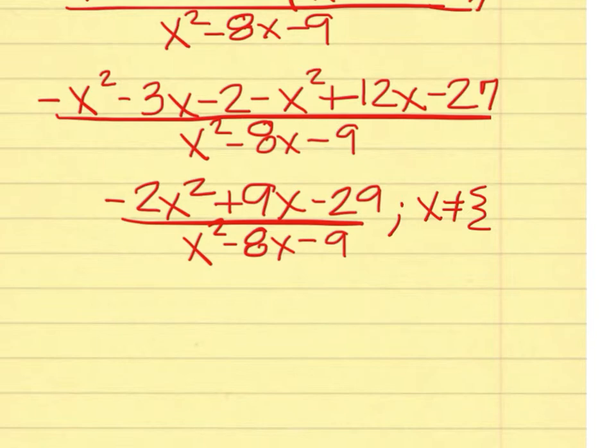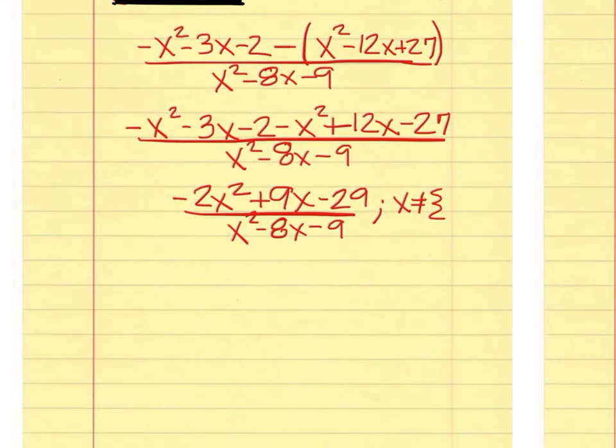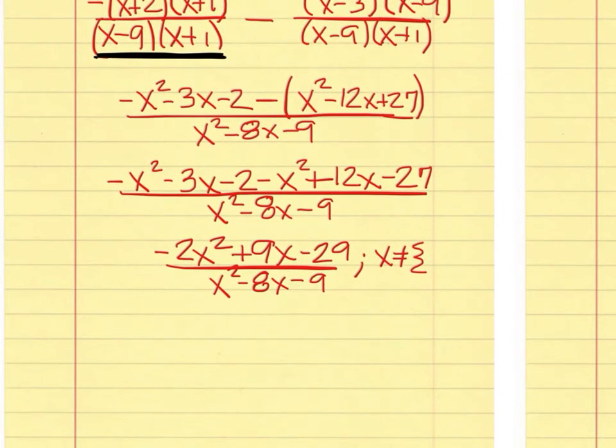Take x minus 9 equal to 0 and x plus 1 equal to 0. That's right. So when I do that, what will my excluded values be? Negative 1 and 9. Negative 1 and 9 is right.